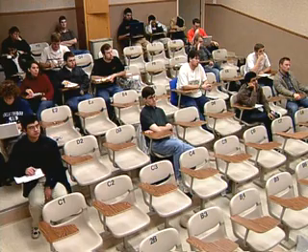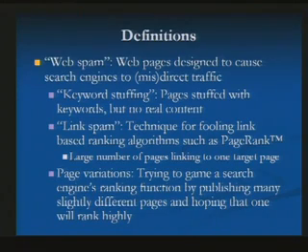There's link spam, which is a technique for fooling PageRank or other link-based ranking algorithms, where you create a large number of pages, all of which point to the target site. Or you can try and game the search engine's ranking function by publishing many different similar pages with slight variations, hoping that at least one of them will rank highly.